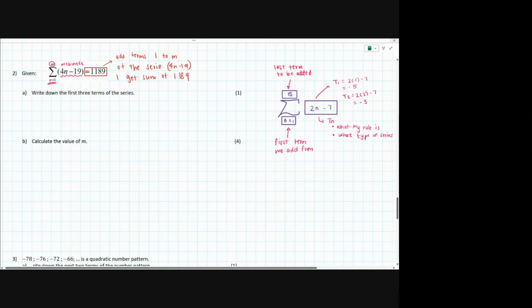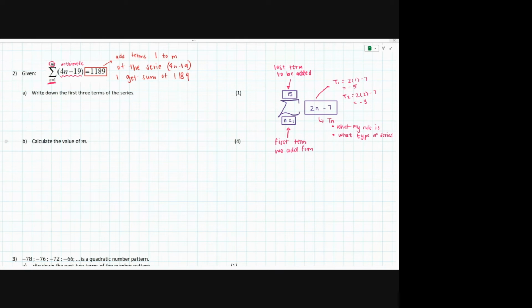So that is what that sigma expression is saying to me. And I feel like now that we know that, this becomes so much easier. I know I'm working with a sum, I know what my number pattern is, and I know I'm starting to add from term 1. Now, guys, if it did not ask this first question, so this first question is quite nice. It's leading us into where we need to be.